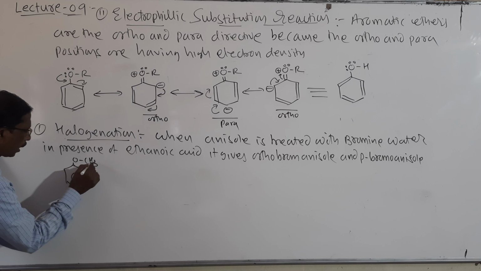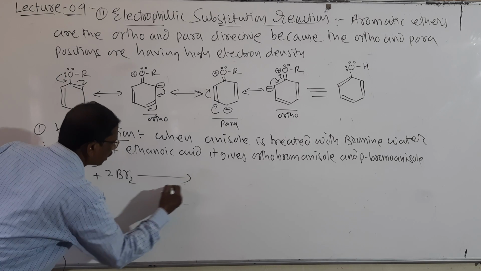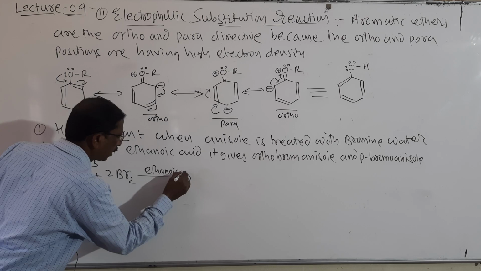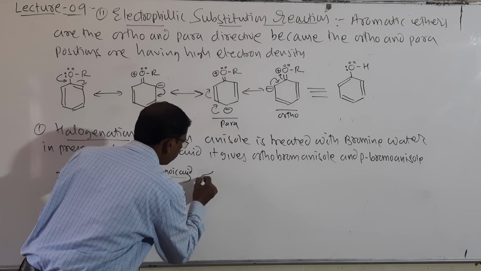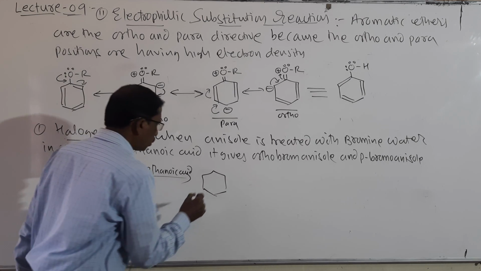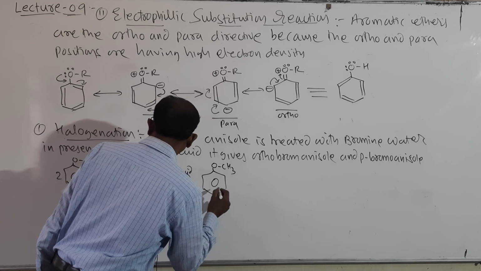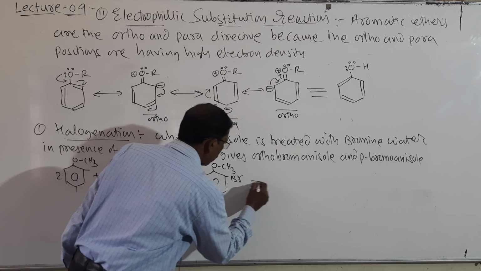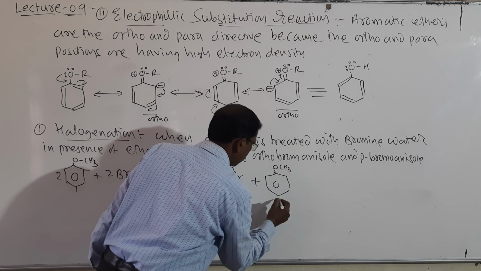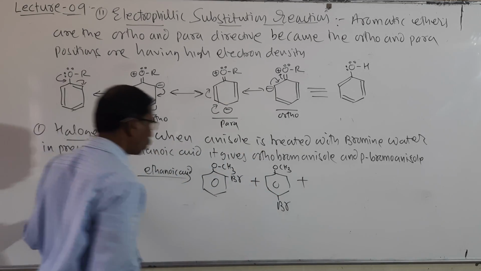OCH3. So I will take 2 here, then 2 Br2 in presence of ethanoic acid. So here it forms one ortho position and one para position product. So here it forms OCH3 with ortho-bromo, plus the next one para-bromo, plus here 2HBr.